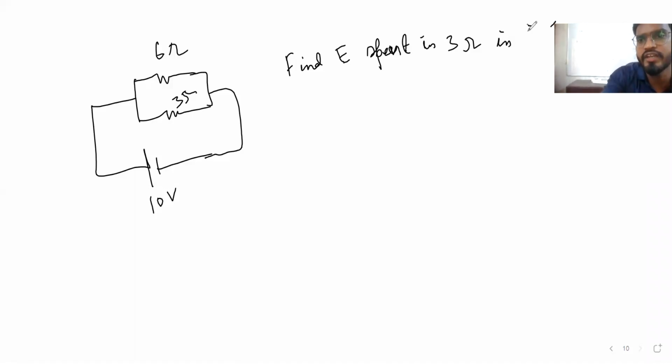Okay. So guys, for finding energy spent, energy is equal to VIT. Time we have, we don't have I. So we'll have to find current at 3 ohm. Then only we can find.